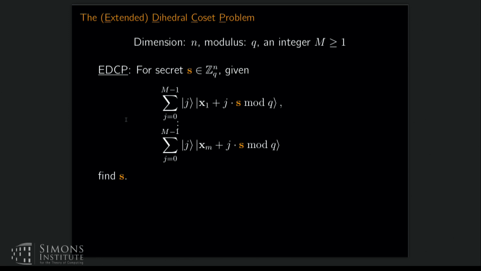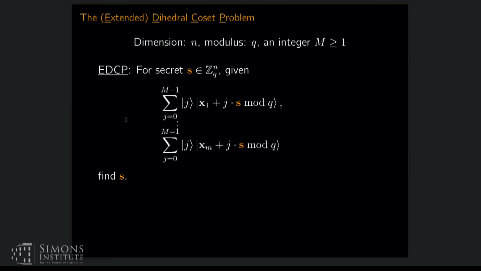Here I'm giving you S shifted by the j's, where j varies from 0 to m minus 1, and some random vector x_i. And I'm giving m of this form. S is fixed throughout all the states. j varies from 0 to m minus 1, and x_i are arbitrary from Z_q^n.